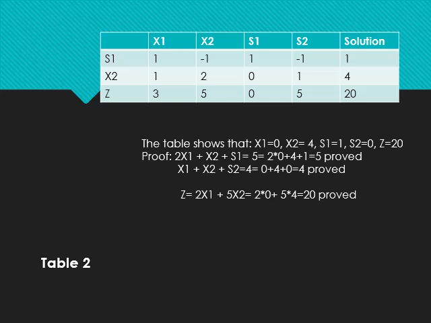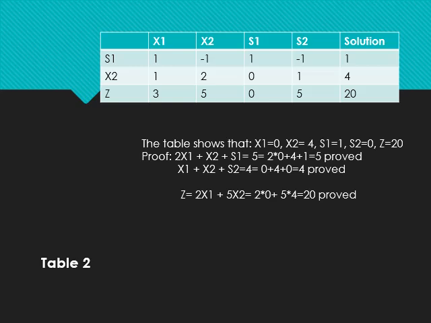So the table shows that X1 equals 0. It has no indication under the column of solution. X2 equal 4, S1 equal 1, S2 equal 0, Z equal 20.